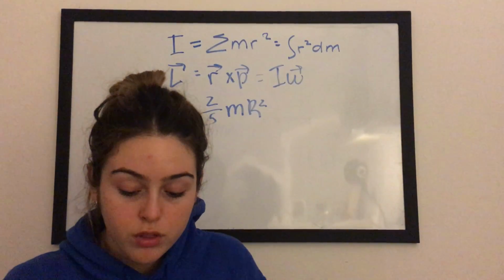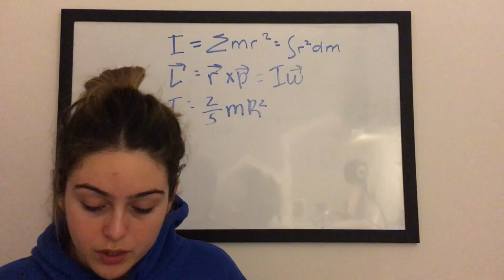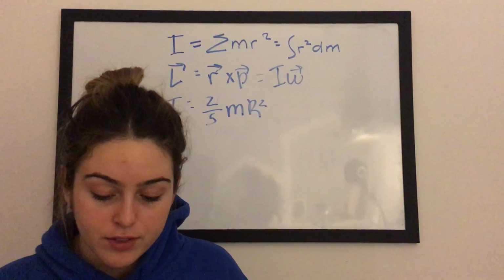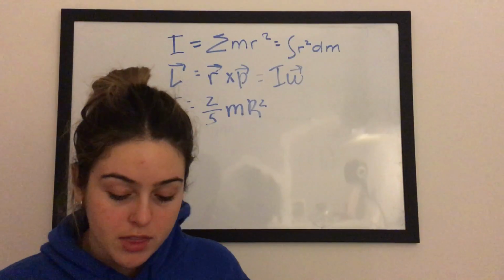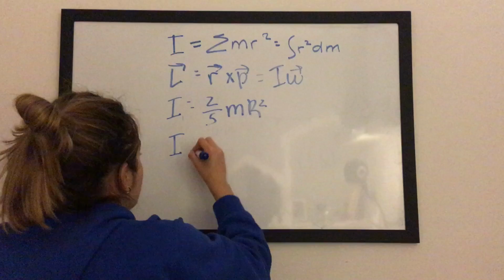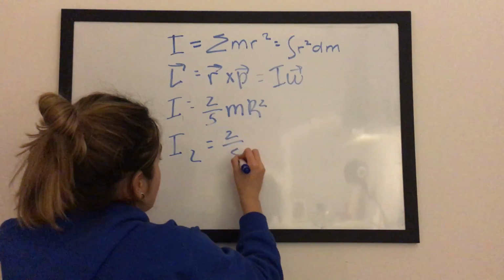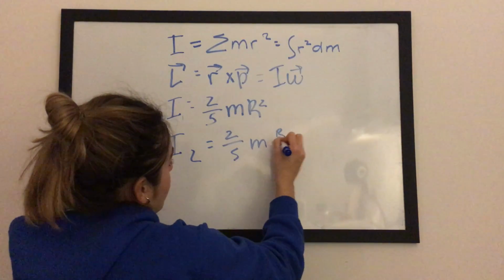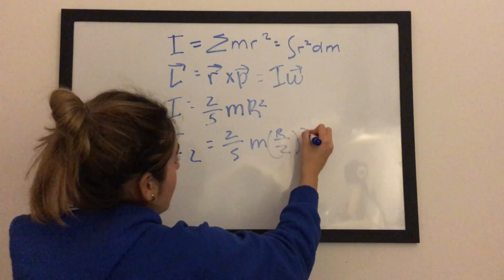So we know that if it were to collapse suddenly to half of its original radius, let's call this I1, the moment of inertia 2 would become 2/5 m (r divided by 2) squared.